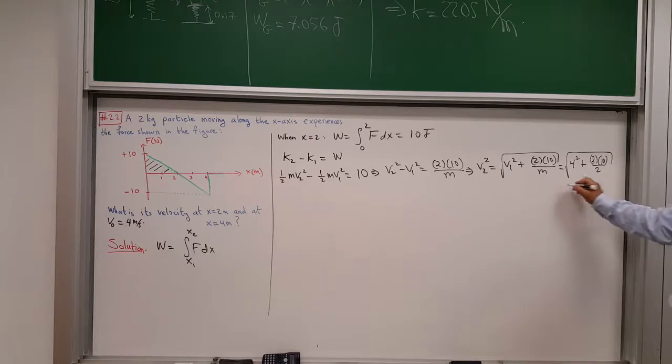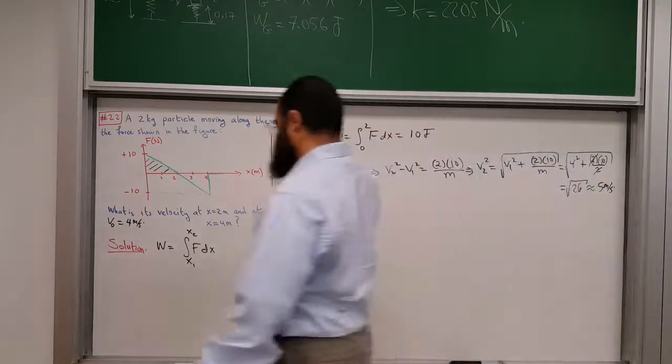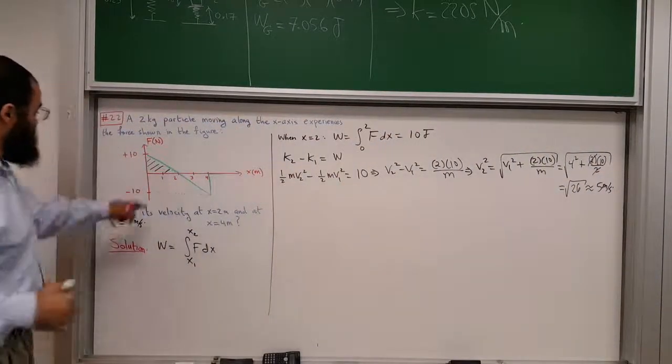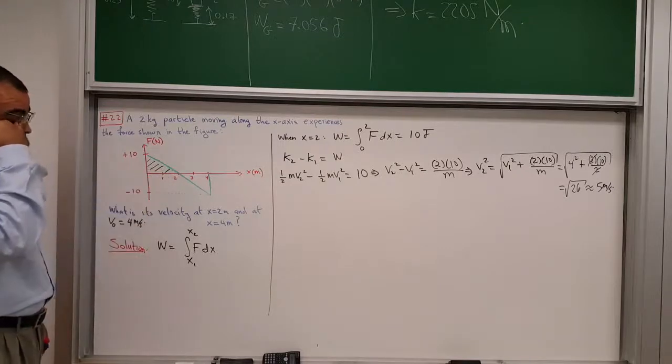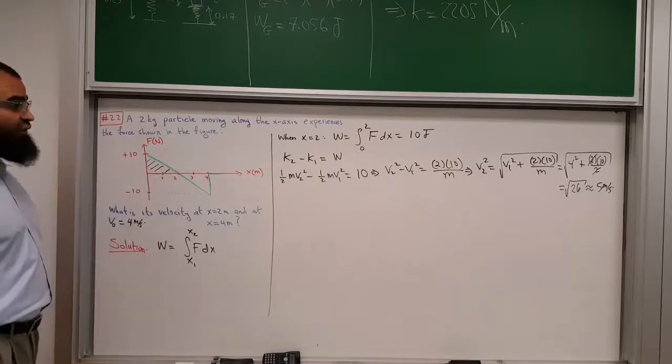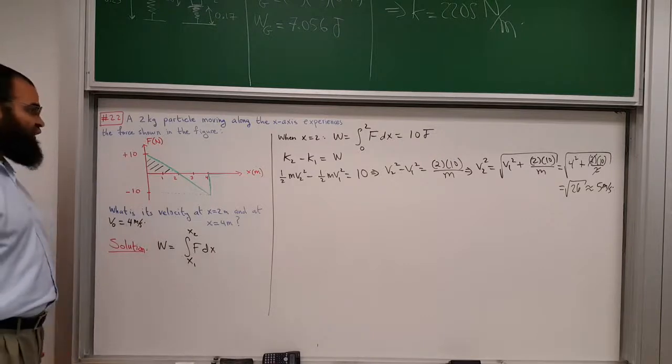And so you get 16 plus 10, 26. So that's the square root of 26, which is approximately 5 meters per second. So at x equal to 2, the velocity would be 5 meters per second.